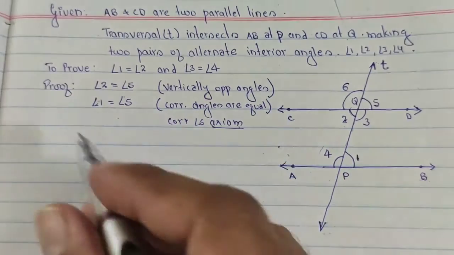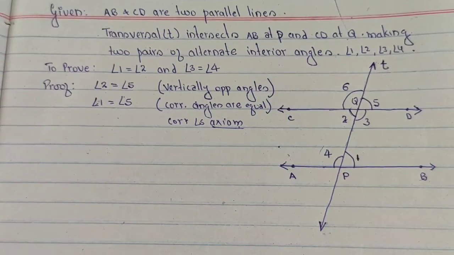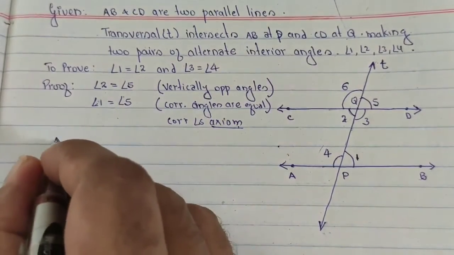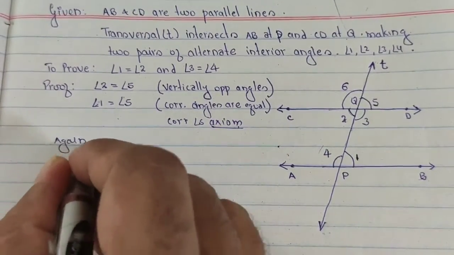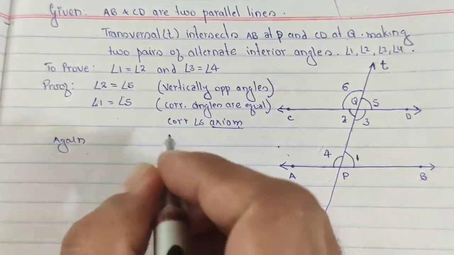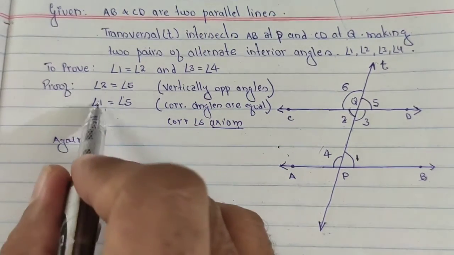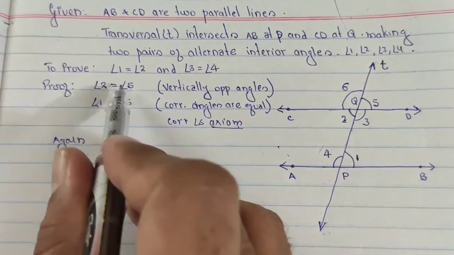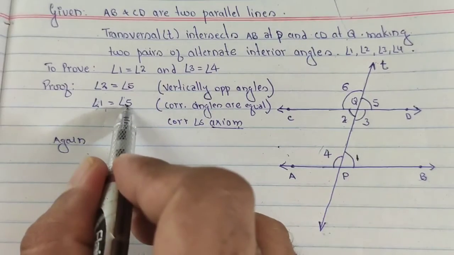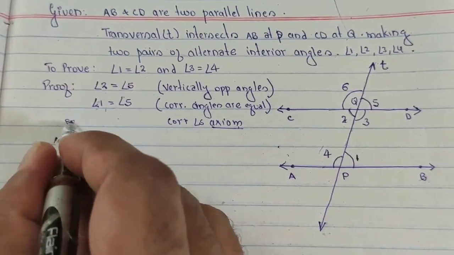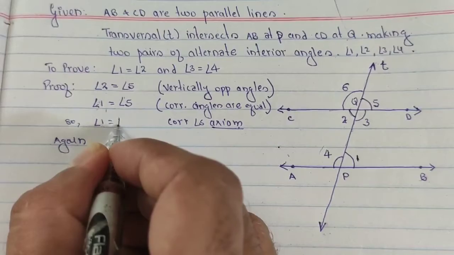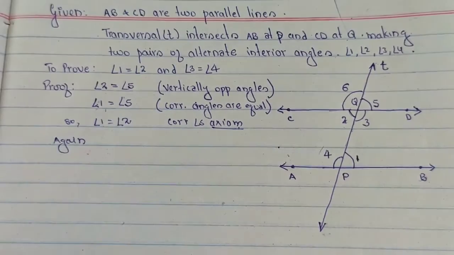This is the axiom that we have seen. Now from these two, if angle 2 is equal to angle 5, and angle 1 is equal to angle 5, so angle 1 is equal to angle 2.